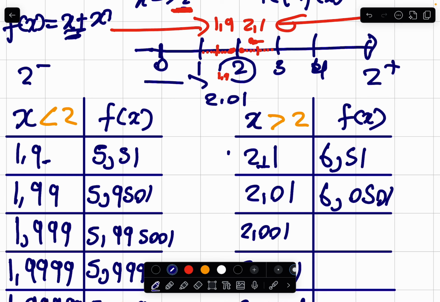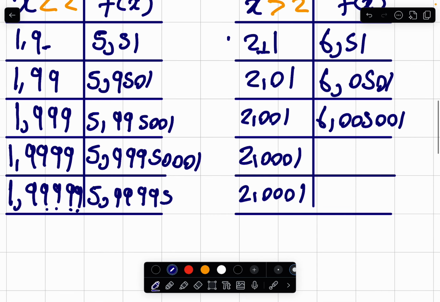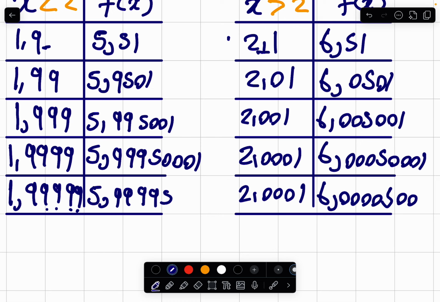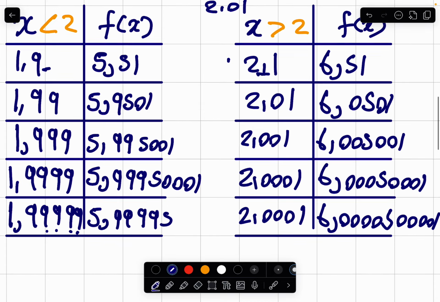Then you put 2.001, you find that is 6.005001. Then you put another 0, and you find 6.00050001. I suggest you see the pattern now. Understand? Therefore, you are done dealing with the table.